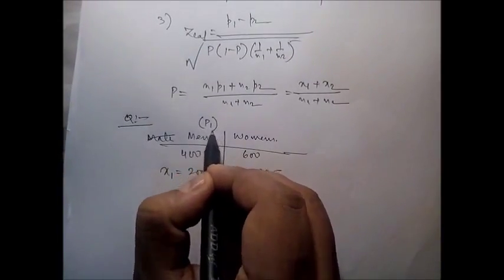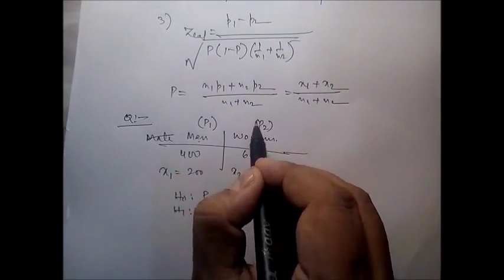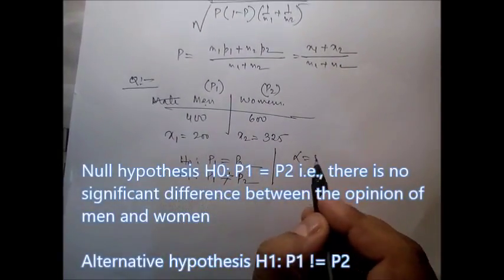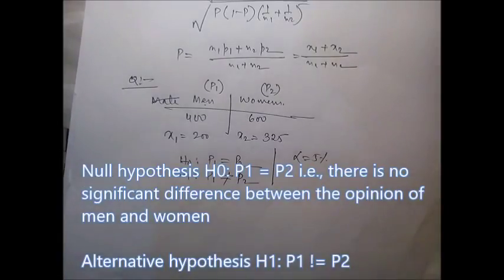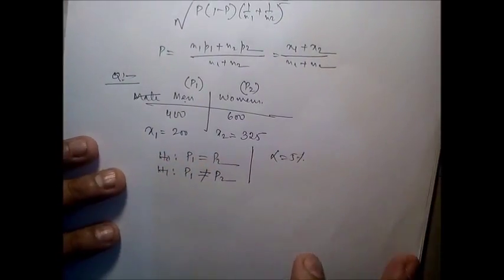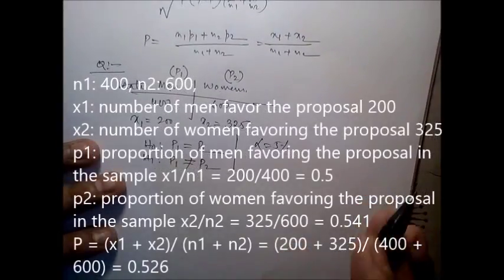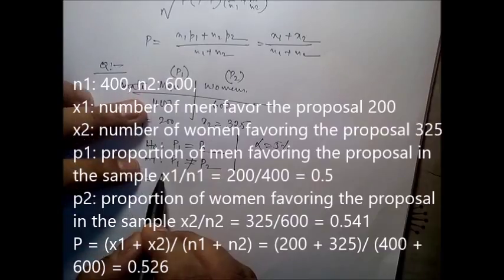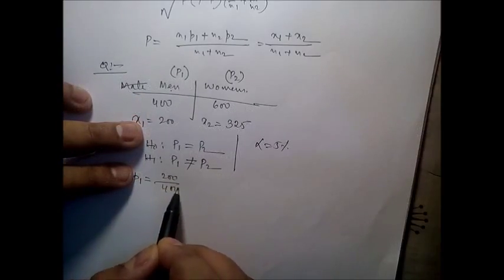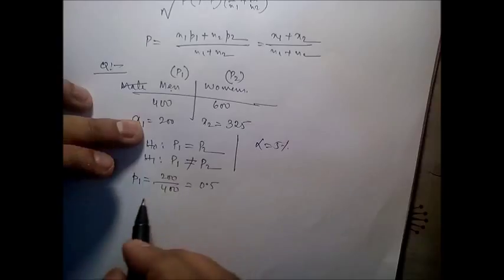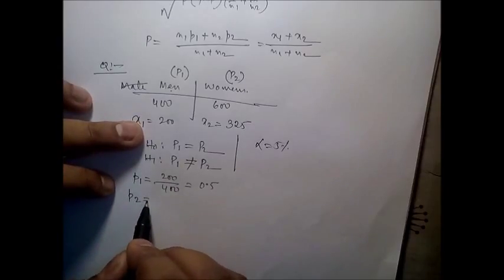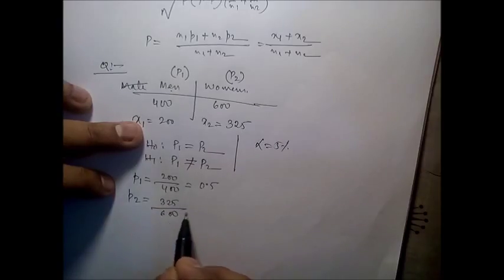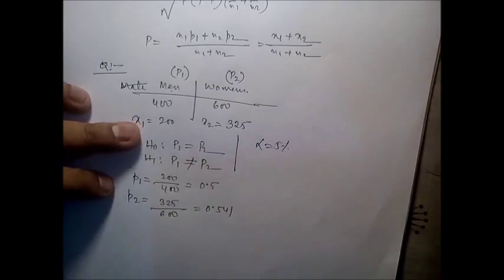Assume proportion of men is P1 and proportion of women is P2. Level of significance is 5%. Now proportion of men favoring the proposal is 200 by 400, that is 0.5, and proportion of women in favor of the proposal is 325 out of 600, that is 0.541.